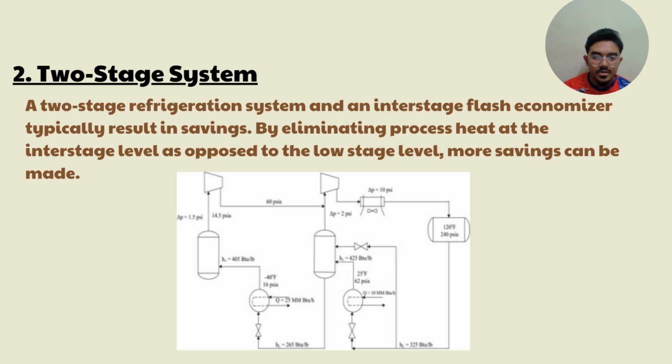This one has two circulating systems in the process of cooling. Okay, this is also an improvisation of the first one, which focuses on saving more in terms of heat and energy and overhead costs.